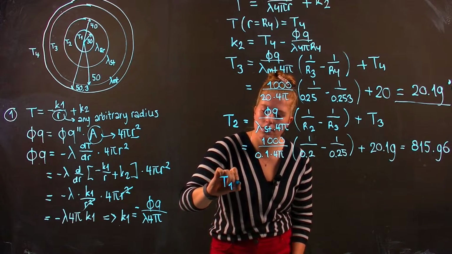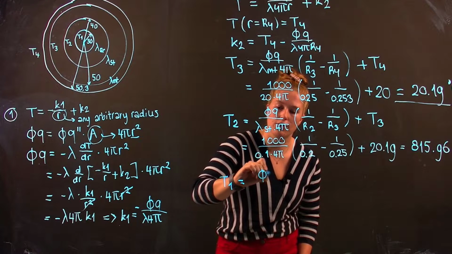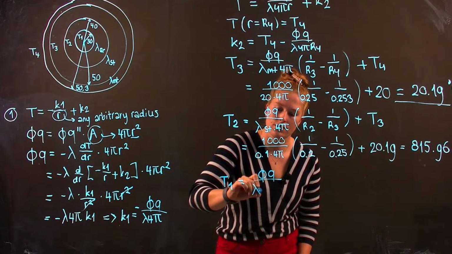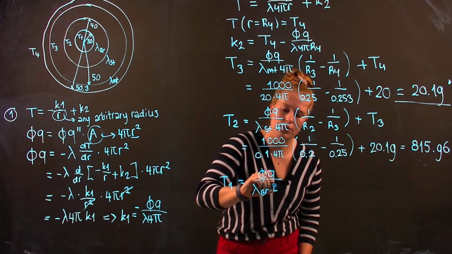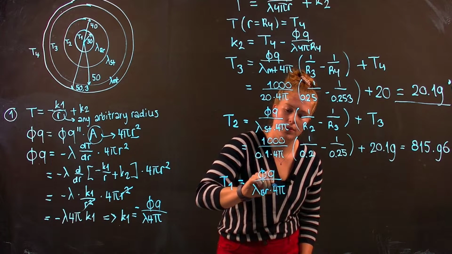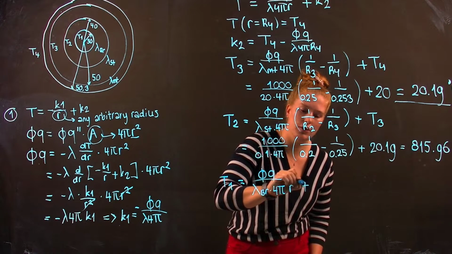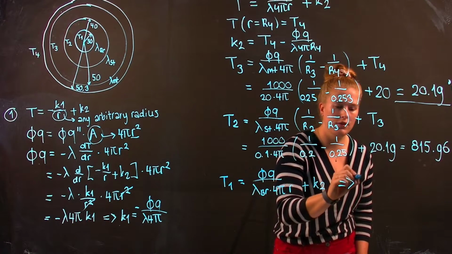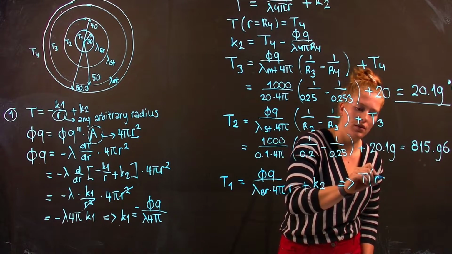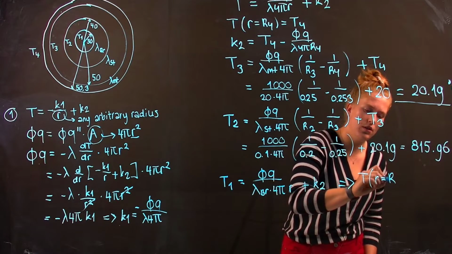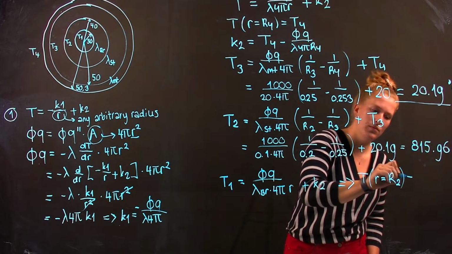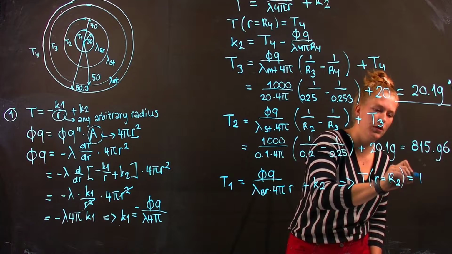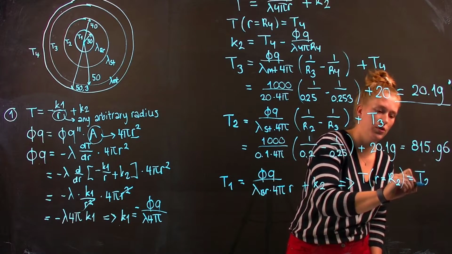So, for T1, we can write again our formula. The brick times 4 pi r plus K2. And we again have our boundary condition that at R is R2, we know that our temperature is T2, which we just found.